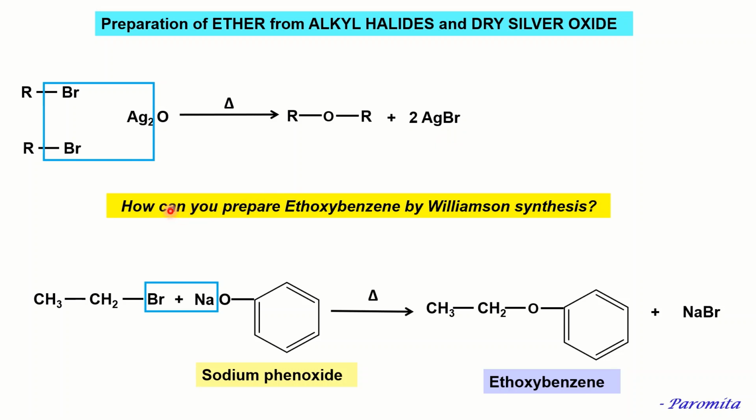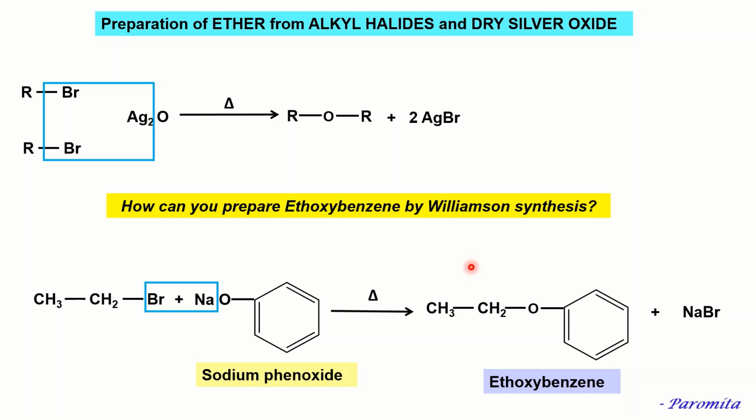Now let us solve one problem. How can you prepare ethoxybenzene by Williamson synthesis? Now, what is ethoxybenzene? If one H of benzene is replaced by OCH2CH3, that is ethoxy group, then the compound will be termed as ethoxybenzene.